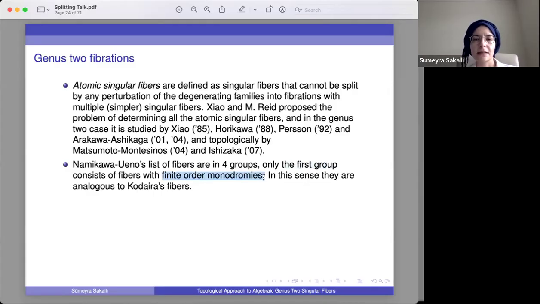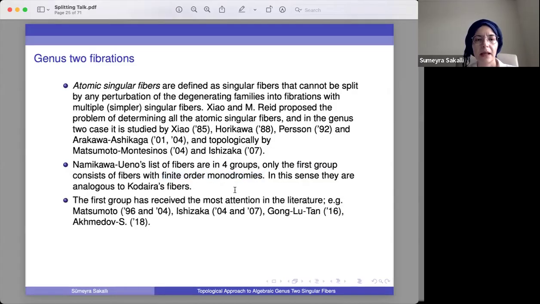And in this sense, this first group of fibers is analogous to Kodaira's fibers. So these are the most interesting and useful ones for us, and that is why we studied this first group in our paper. This first group received some attention in the literature, again by Matsumoto and Ishizaka, and later by Gong, Lu and Tan, and also Ahmadov and myself, Anar Ahmadov and myself.